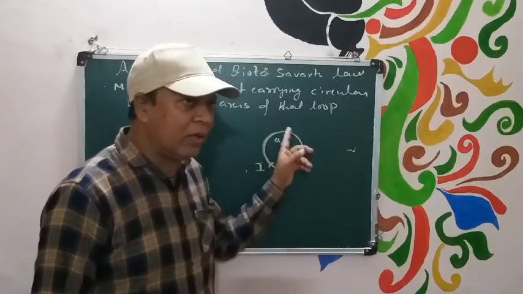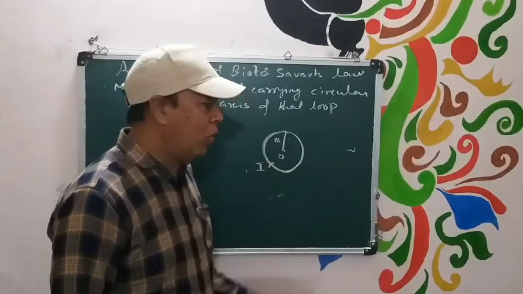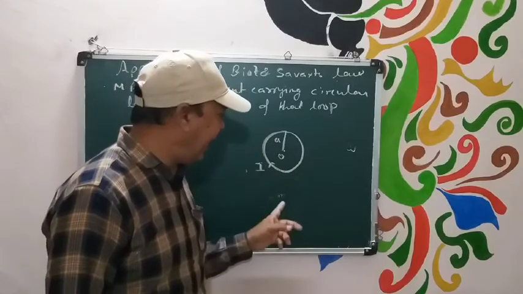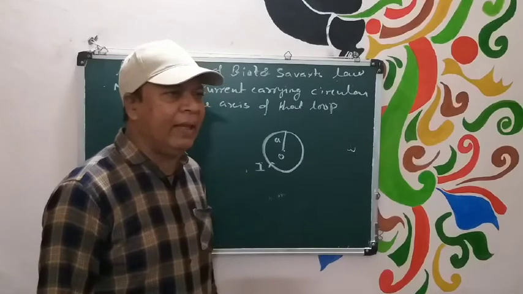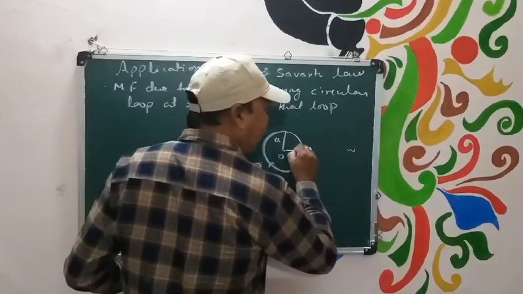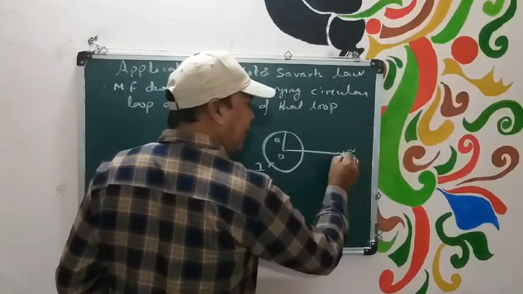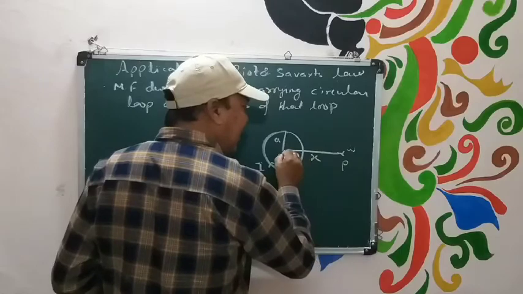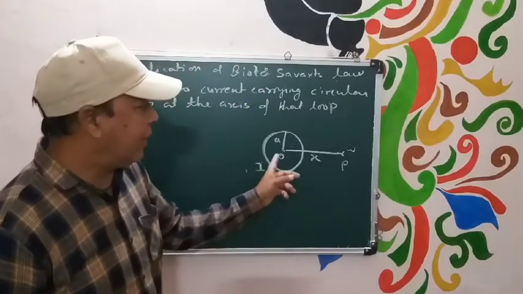We have taken one circular loop whose center is O, radius is A, and I current is flowing in this loop. Now, our aim is to find magnetic field at any point P, which is x distance away from O.